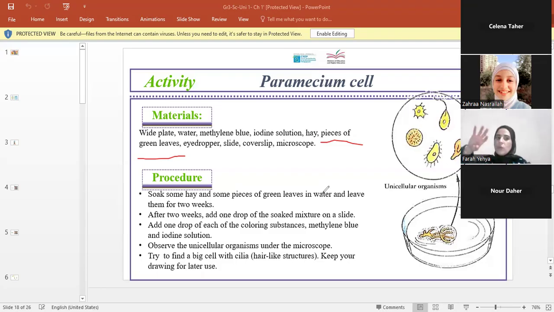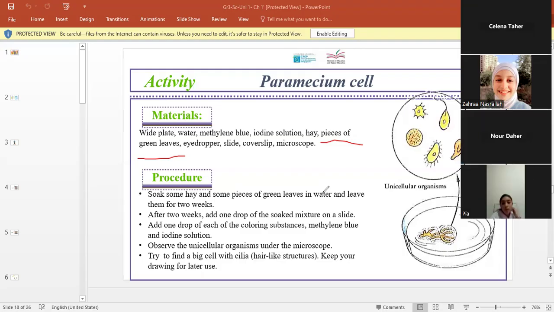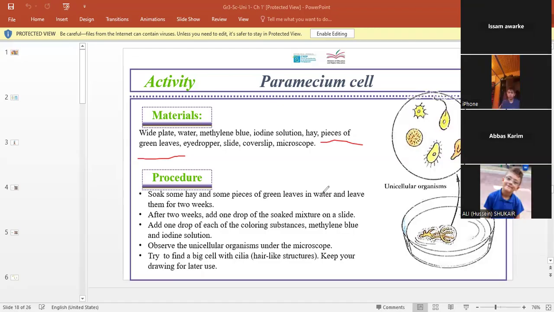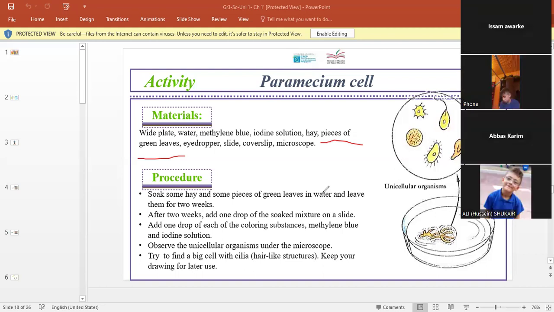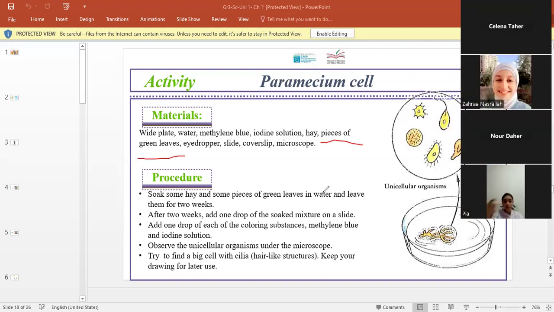Why do you have to put it in the closet? Do you know? Zahra Nasrallah, why do we have to put it in the closet? Maybe to keep it dry, or to keep the light out.